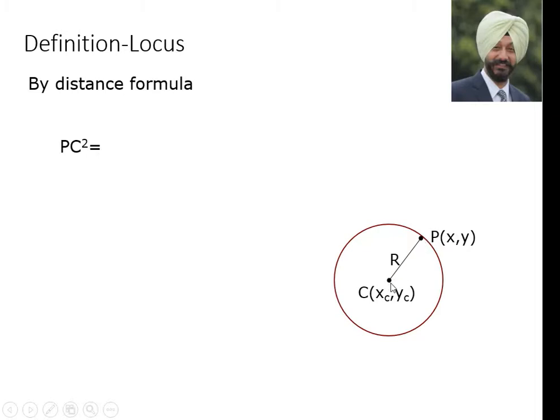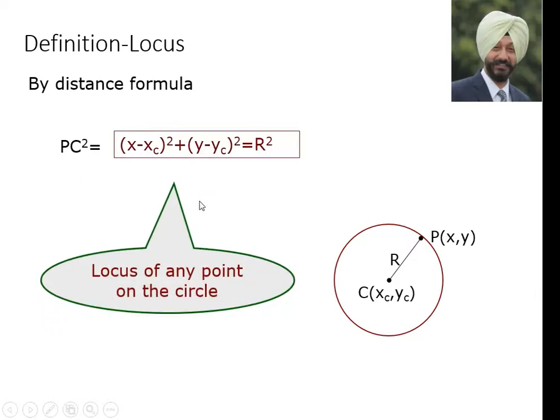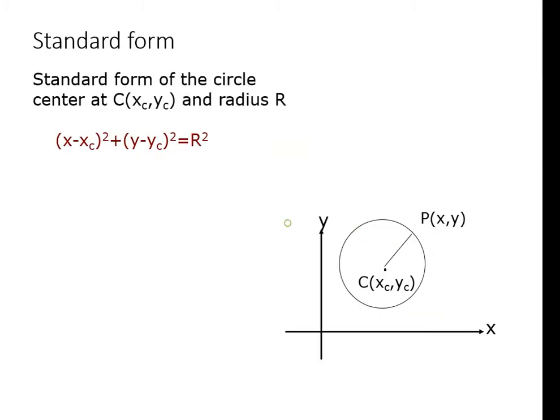The distance CP gives (x minus xc) square plus (y minus yc) square is equal to r square. This is the locus of any point on the circle, and this is also called standard form of circle.